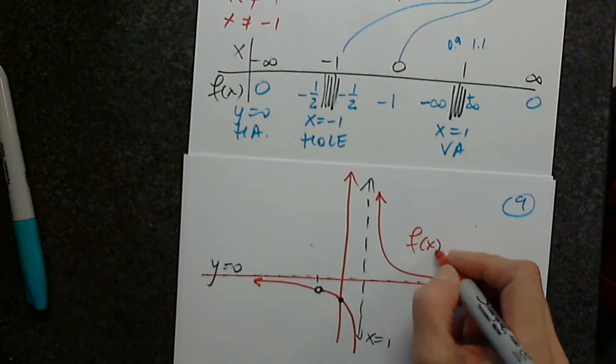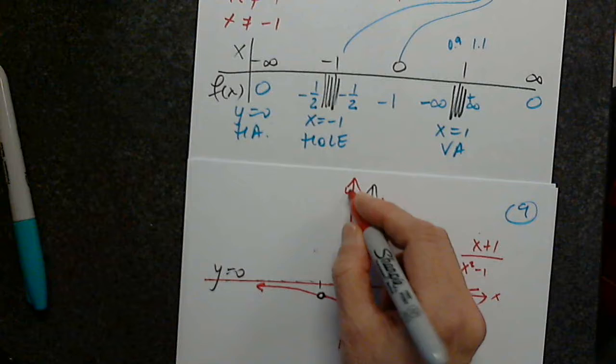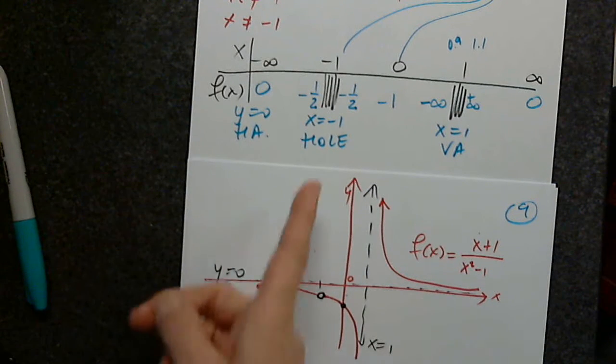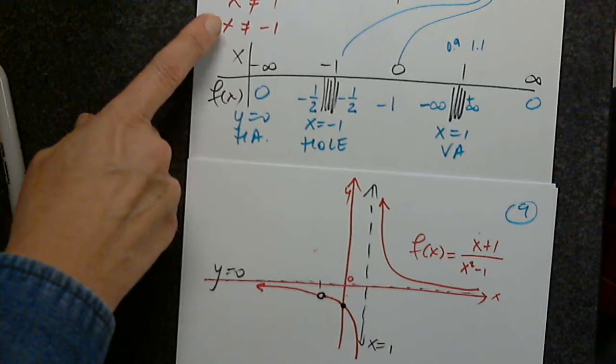This is the graph of f of x, x plus 1 over x squared minus 1. Oh, that's a hole, because the function is undefined at negative 1, as you told me from the very beginning, which was perfect.